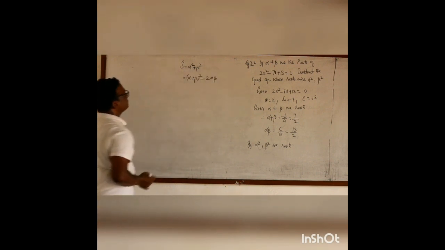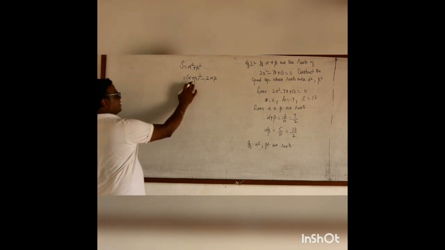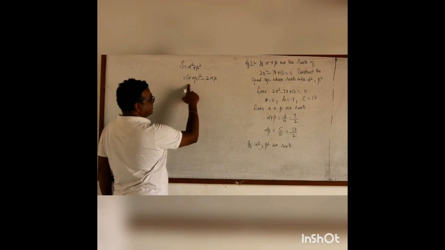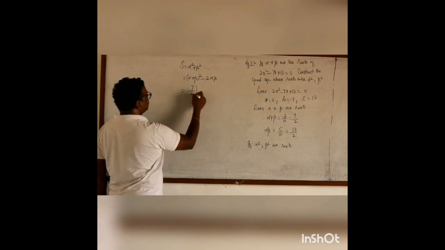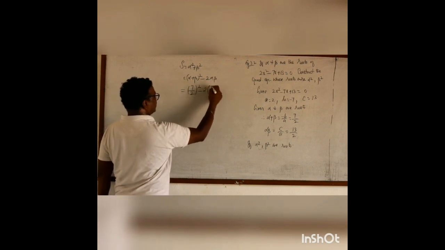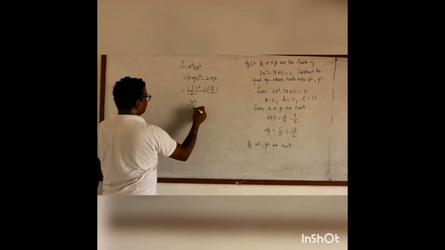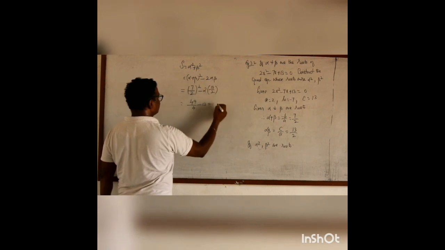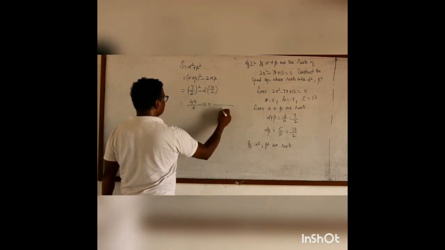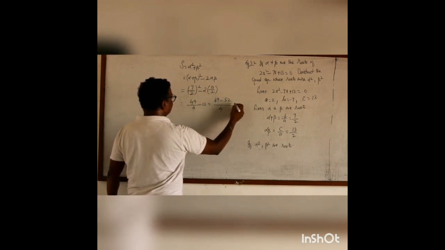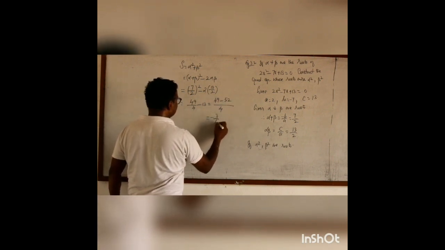So alpha square plus beta square means alpha plus beta the whole square minus 2 alpha beta. Alpha plus beta is 7 by 2 the whole square minus 2 into 13 by 2. It is 49 by 4 minus 13. 2 and 2 cancel. If I take the same denominator 4, 49 minus 4 13s are 52. So it is minus 3 by 4.